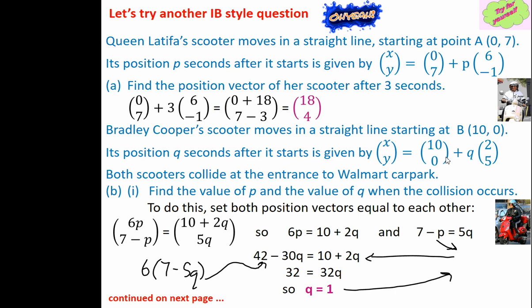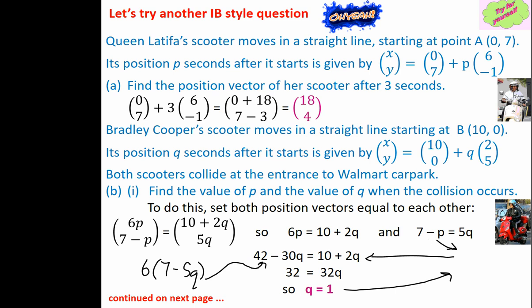Bradley Cooper's is 10 plus 2q, 0 plus 5q. We're not bothering to write the 0 plus, but it's fine if you do. So you set this equal to this, and this equal to this, and solve. 6p equals 10 plus 2q, and 7 minus p equals 5q.